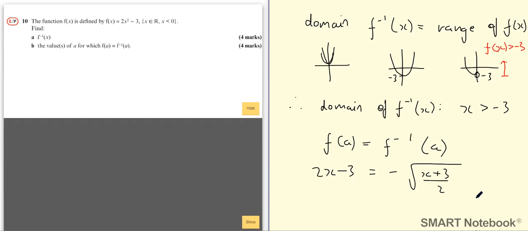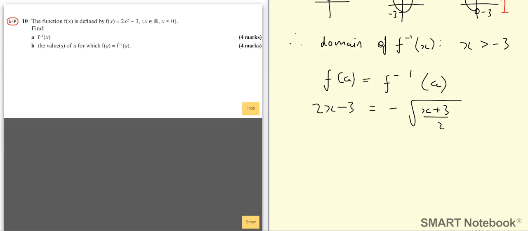That's where we're going to start off. It's not asked for the range of values, it's just asked for the values, because it's an equation, it's not an inequality.